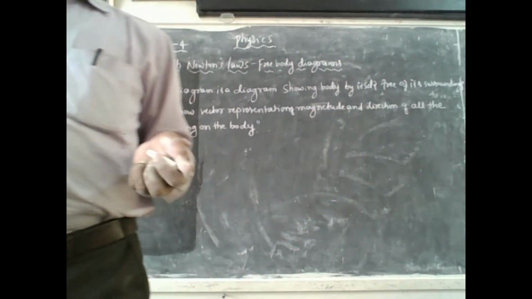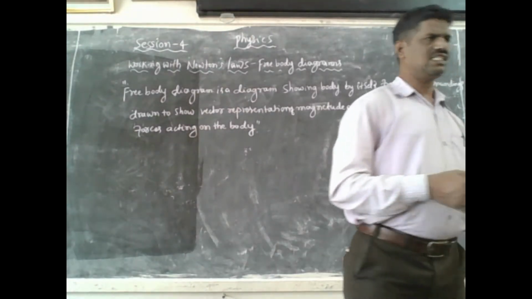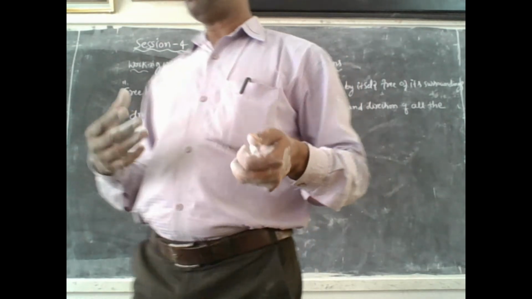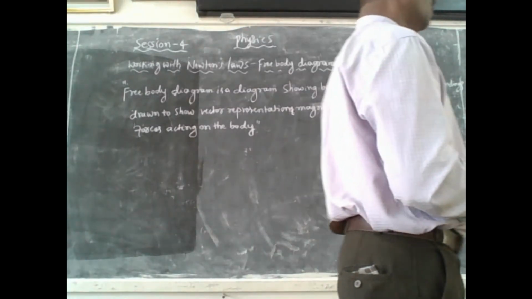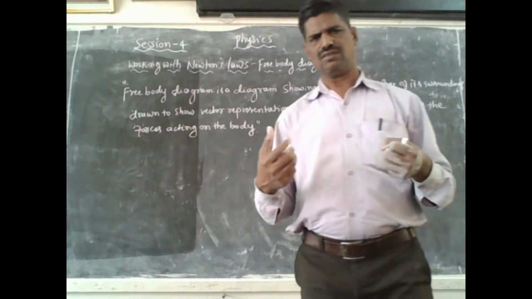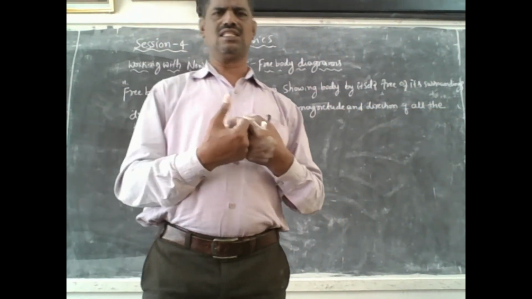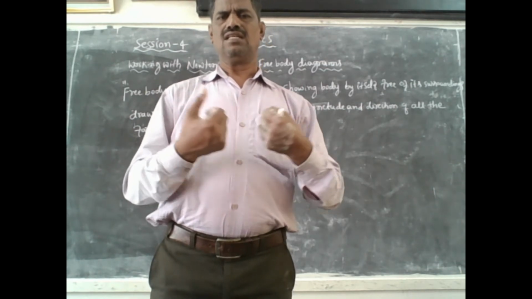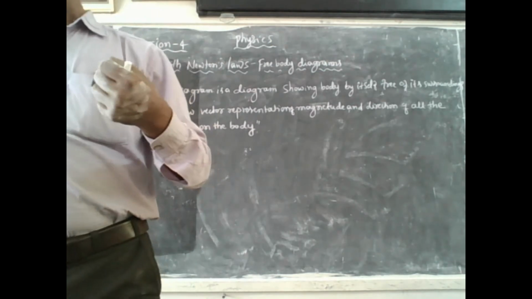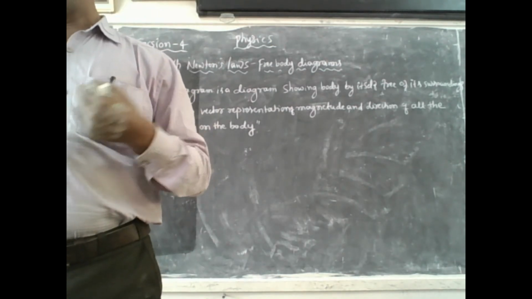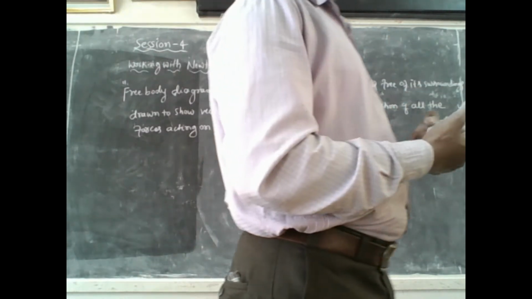So here, if a body is in equilibrium, it does not mean that no forces are acting on the system, but simply that the resultant of the number of forces acting on the system is zero, isn't it?